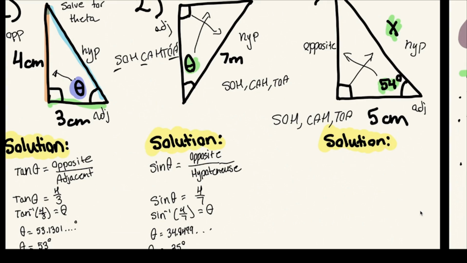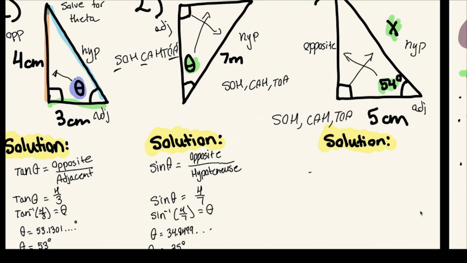We don't have the opposite value, but we have to solve for the hypotenuse, so we're not given enough information to use sine. What about cos? Oh, we're given the adjacent, and we have to solve for the hypotenuse, and we are given an angle. So maybe we can use cos. And we have to use cos, because if we use tan, again, we don't have the opposite side length, so we cannot possibly use tan. So we will use cos.